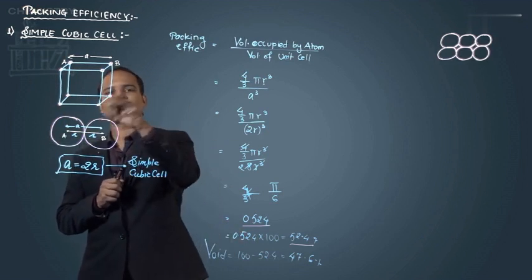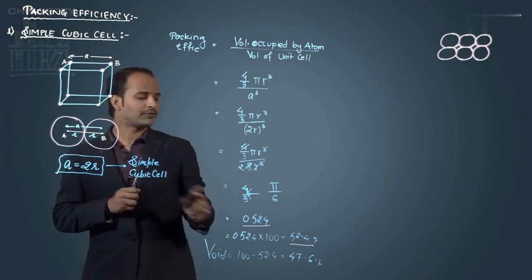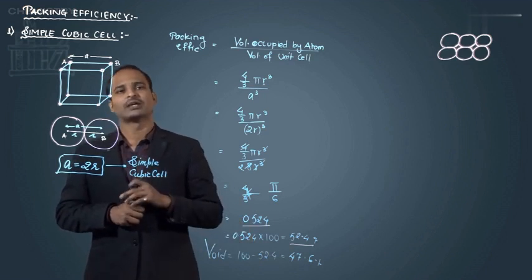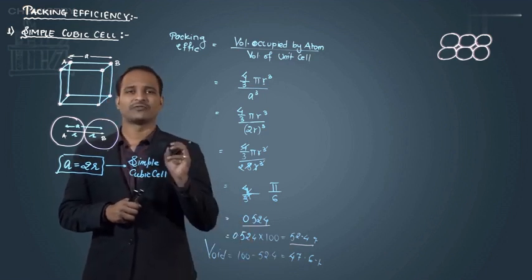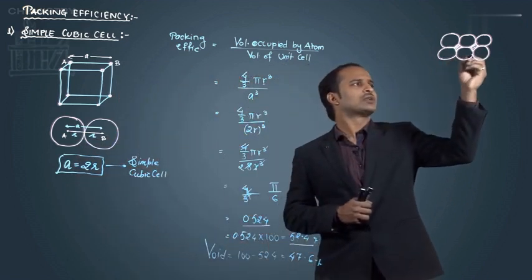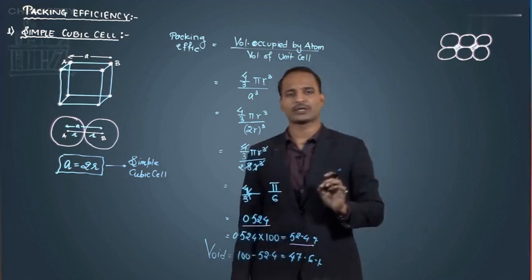So that sphere occupies 52.4%, and the remaining 47.6% is vacant, because of the voids present between these spheres.